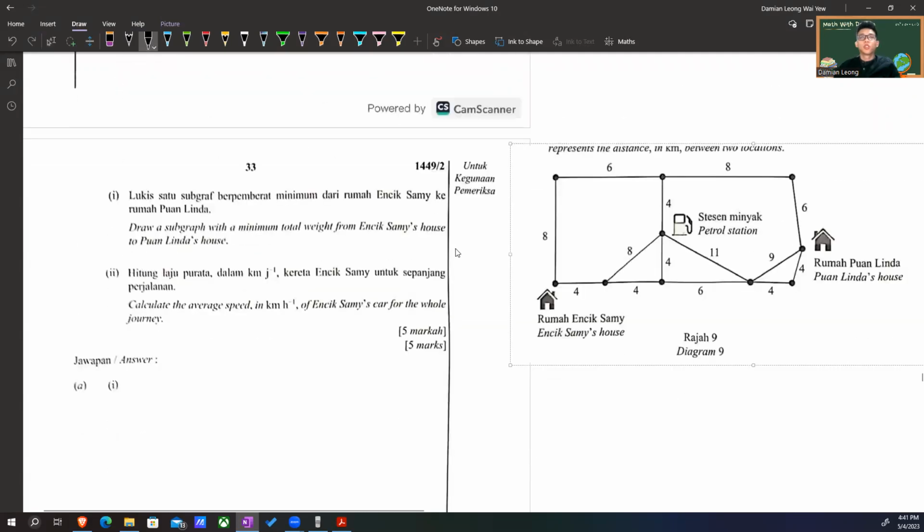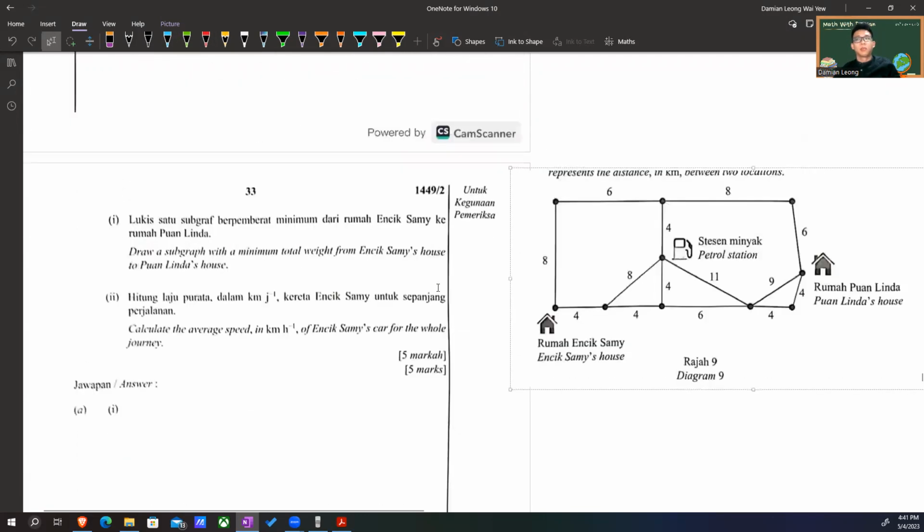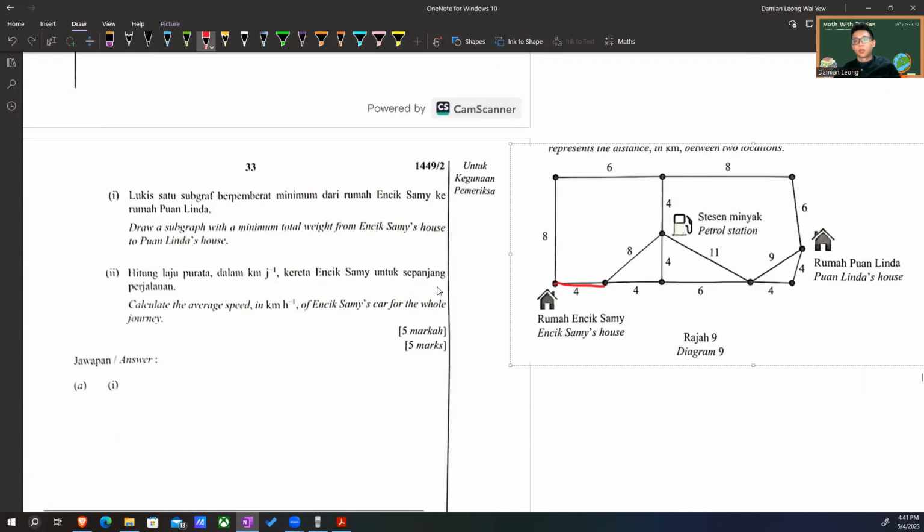It should go through the petrol station because Encik Lim is waiting for him there. So it goes here, here. 11 here is longer than 4, 6. So 4, 6 is better than 4, 4. Yeah, like this. That would be the subgraph.